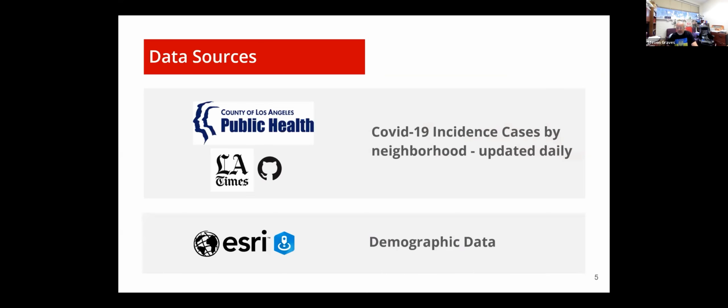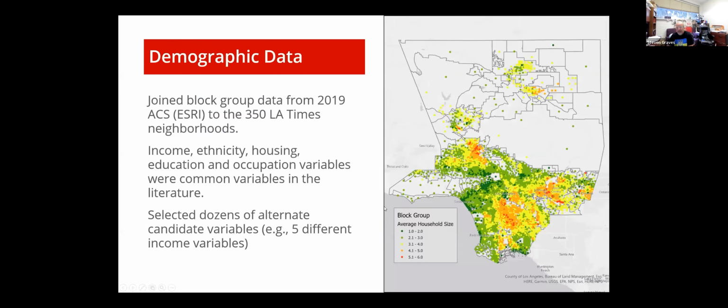These were our data sources here: the LA County Public Health, and then ultimately Long Beach Public Health Department and Pasadena Health Department. LA Times collects their data every day and serves it on a GitHub, and we connected to that GitHub to download our data, and then we combined it with the demographic data from Esri's Business Analyst suite of tools, which is really nice.